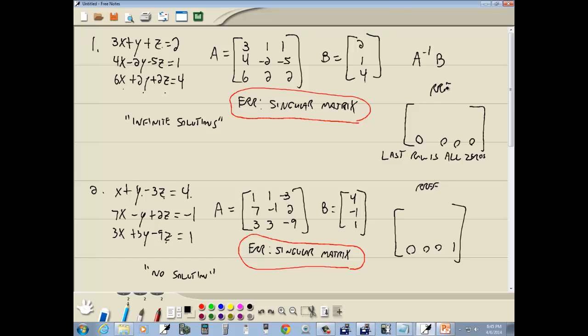I'm not talking about the REF function. You have to do the REF process. The last row will be all zeros and a single one, and that's what tells you that there's no solution on this one. It'll always be a 1 if you go through and do the REF method. Anyway, you can use a calculator again to tell whether it's a problem area, but that's about as much as you can tell with the TI-82.